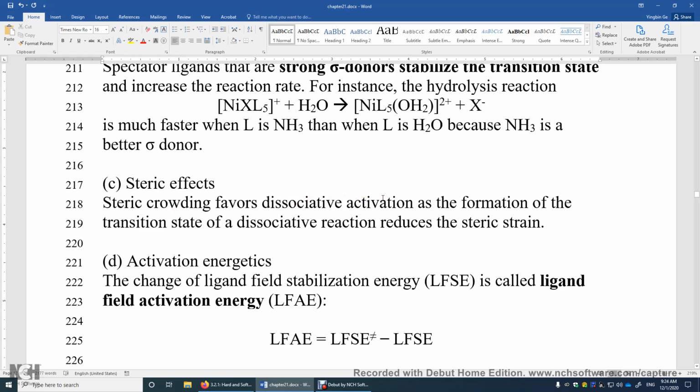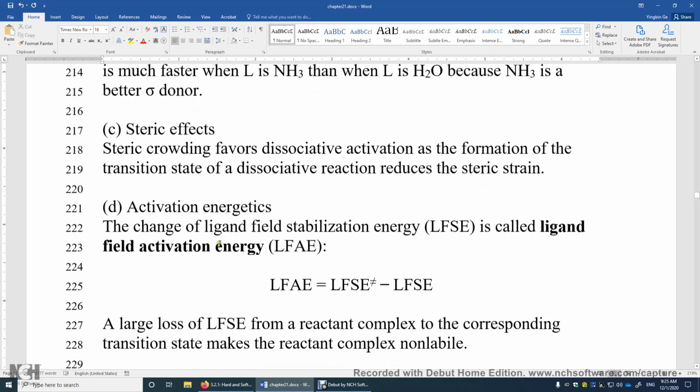Dissociative activation means you have fewer ligands in that step, and when it's crowded surrounding the transition metal center, it's favorable to remove one ligand from the transition metal center. And again, that means this dissociative reaction reduces the steric strain caused by the bulky ligands.